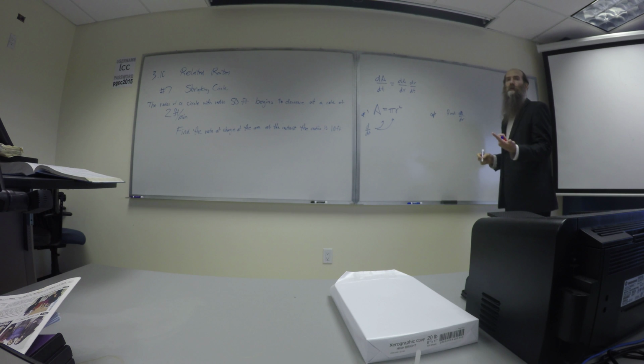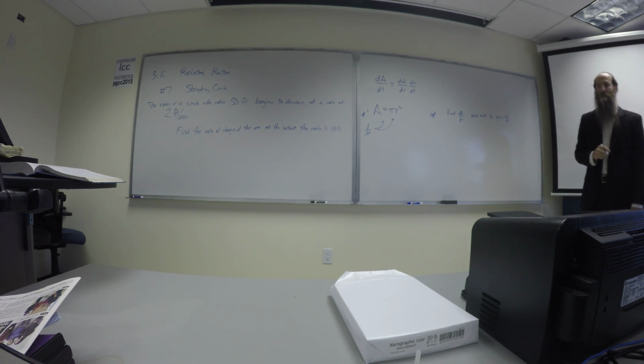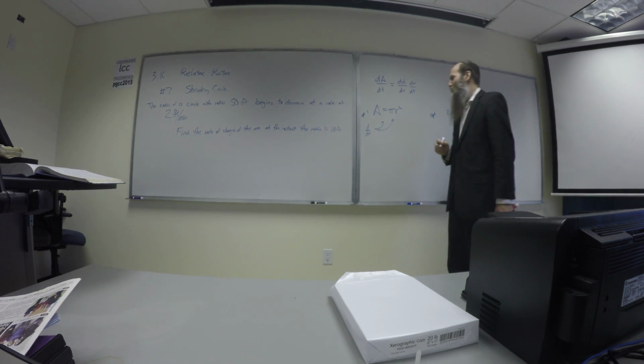I already know dr/dt, they gave it to me in the problem. So I can find dA/dr and multiply by the given dr/dt. Do you understand the two basic options? All right, let's do both ways.